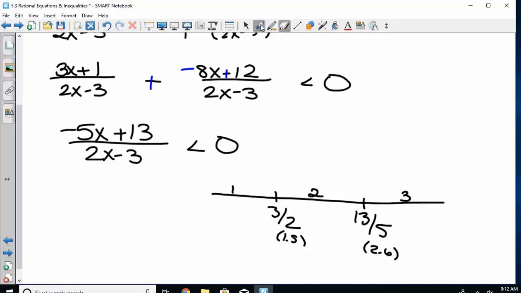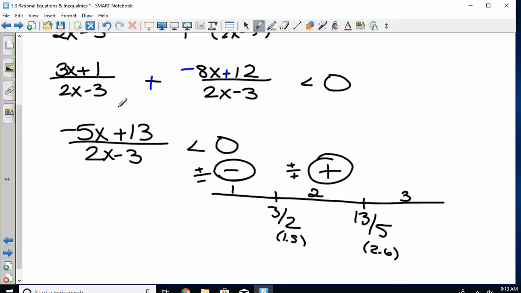If I put in a 1, negative 5 plus 13, that's positive. 2 times 1 would be 2 minus 3 is negative. Positive divided by negative? Negative. If you put in a 2, you get negative 10 plus 13, which is positive. 4 minus 3 is positive. That's positive.